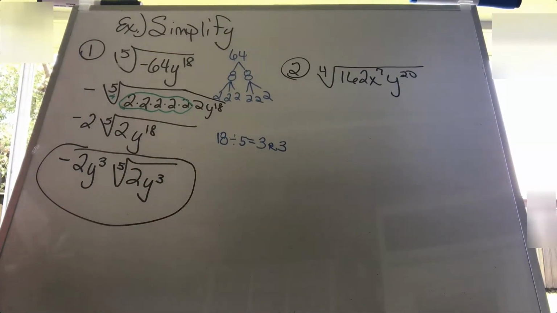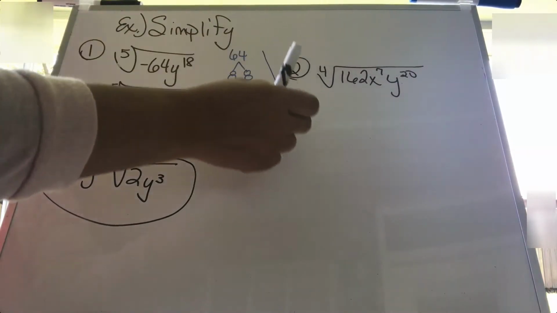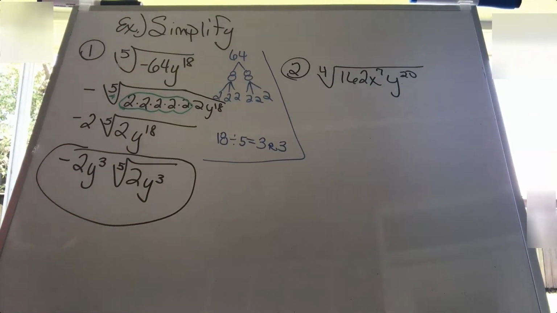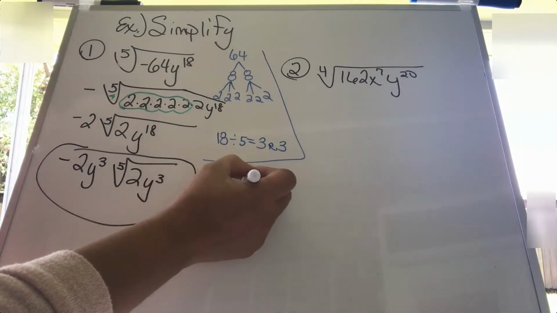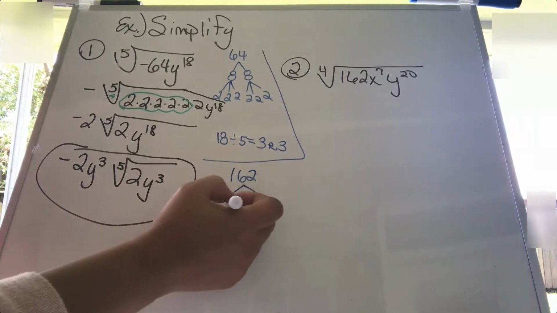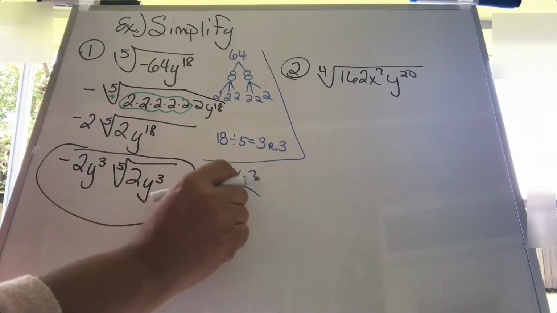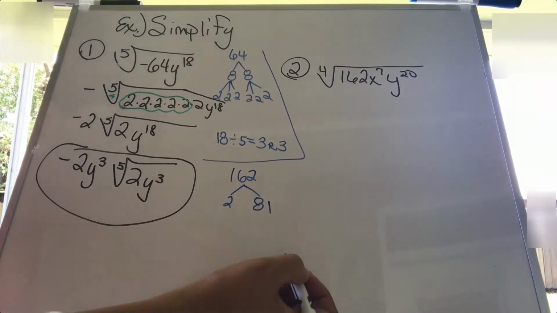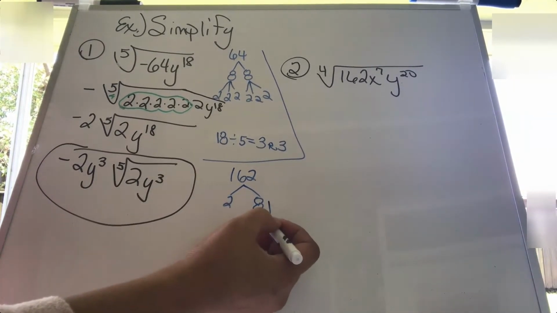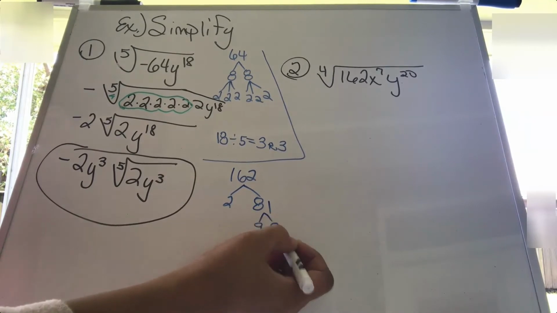The fourth root of 162, x to the 7th, y to the 20th. So we have to figure out that 162. Let's do a 2. 2 goes into 162 81 times. That 81 is 9 times 9.